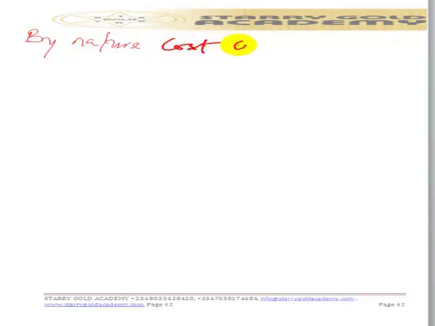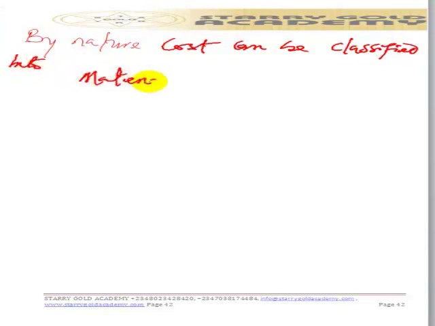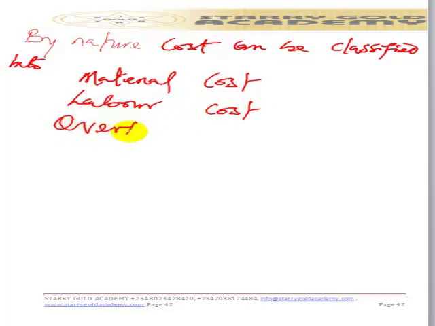Cost can be classified into material cost, labor cost, and overhead cost. So these are the fundamental elements that we'll be looking at.